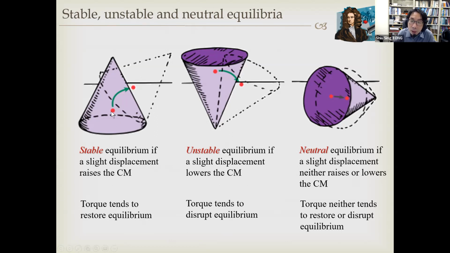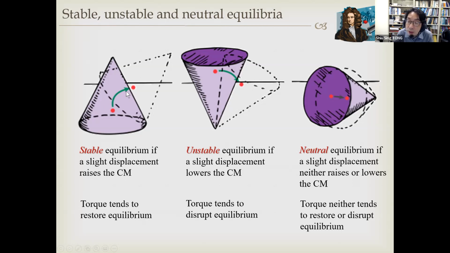Why? Consider when you displace the cone slightly to one side. If you displace it slightly, the center of mass position is raised, and you can see that the potential energy increases. So when the cone is at rest, this position is the position with the minimum potential energy. That's why it's stable.